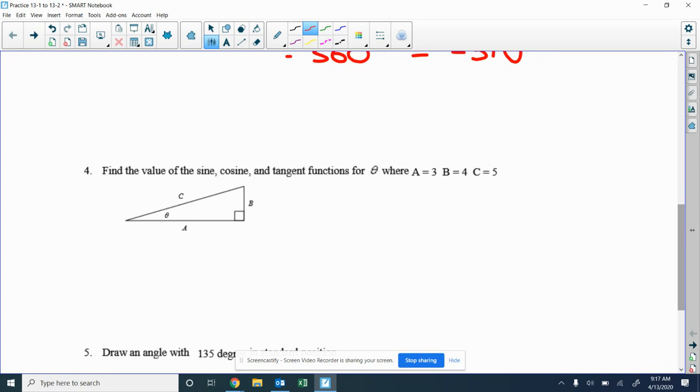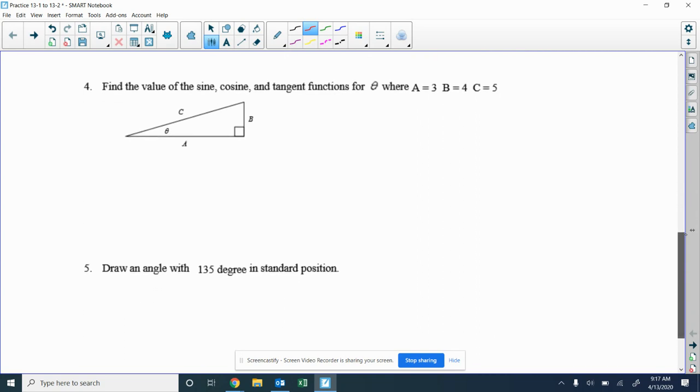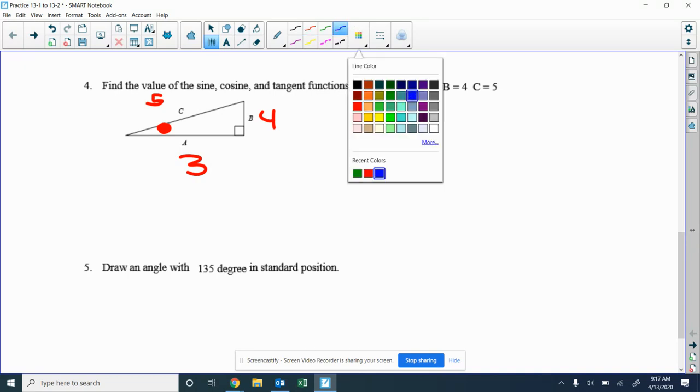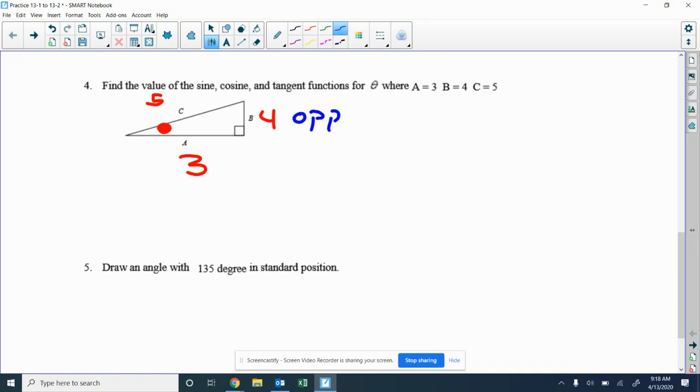All right. Moving on to number 4. And that is sine, cosine, and tangent of this guy right here. So your A is 3, your B is 4, and your C is 5. Here's your theta. So your opposite is over here. Your adjacent is here. Your hypotenuse is here.